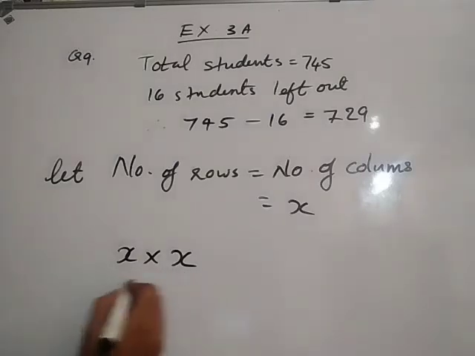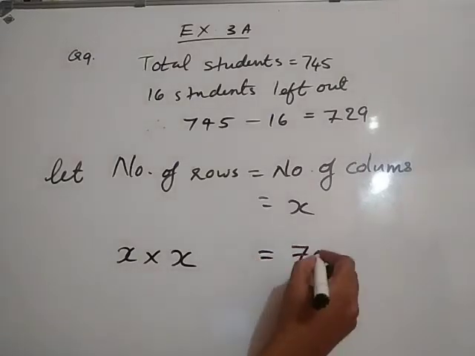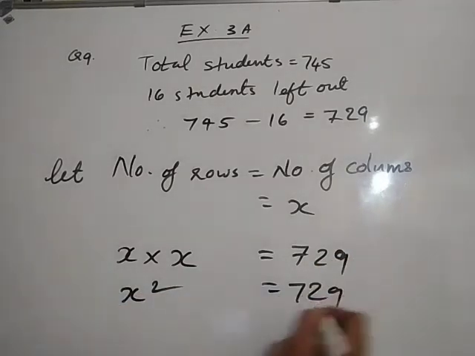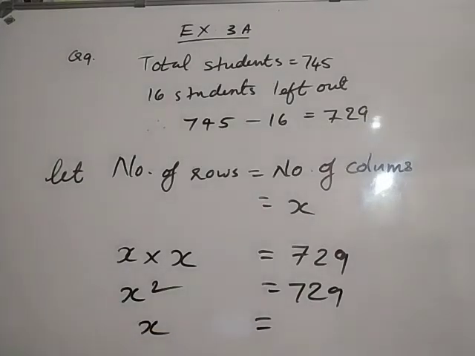When we multiply, we will obtain the total students. Okay, so X square is 729. How can we obtain the number of students in each row? It's square root of 729. Find out the answer by using prime factorization method.